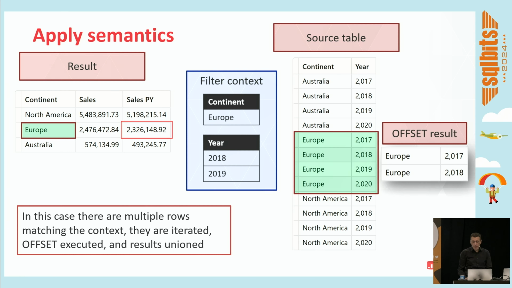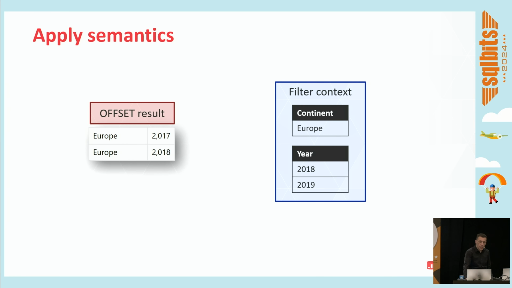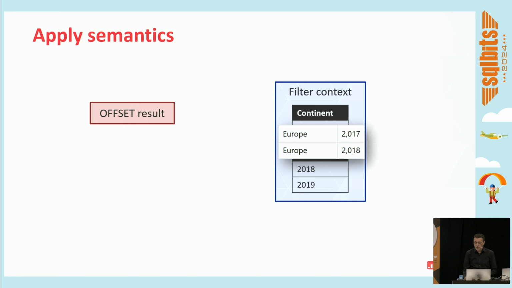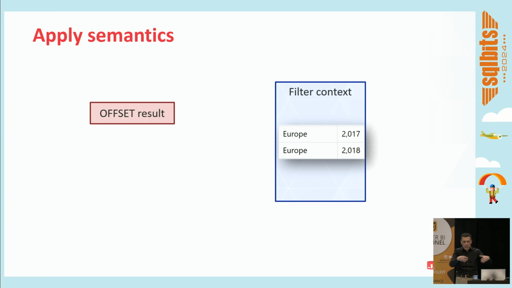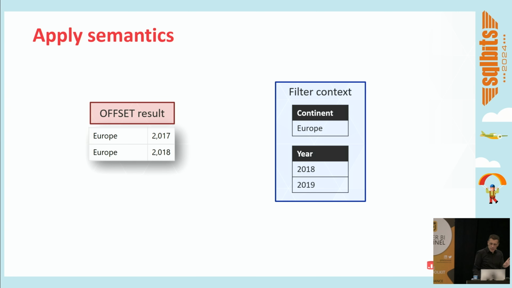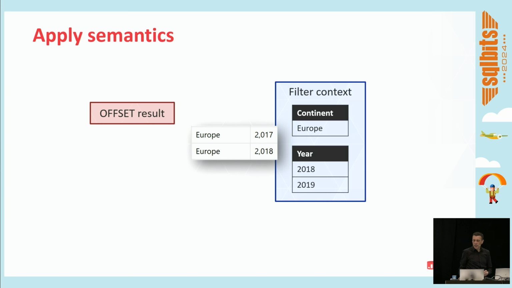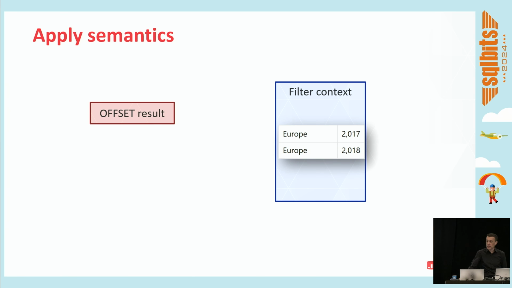And so what happens at this point is that the result of offset that has been computed, getting every year and applying offset for every row, is part of the filter context now. Because the offset result has both continent and year, it overrides the existing filter context, removing the filter by continent and year.